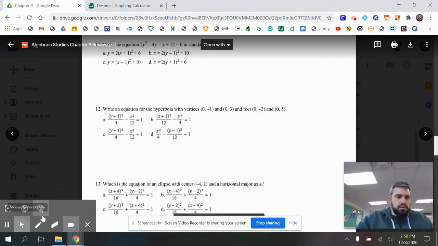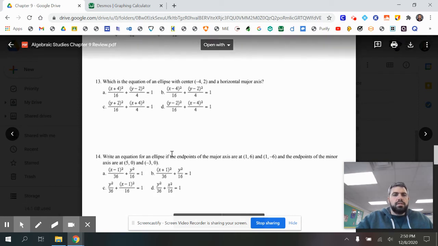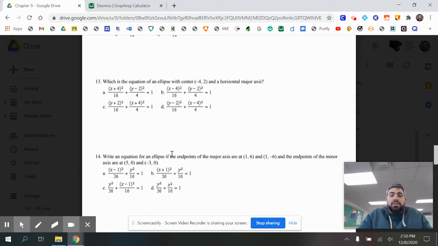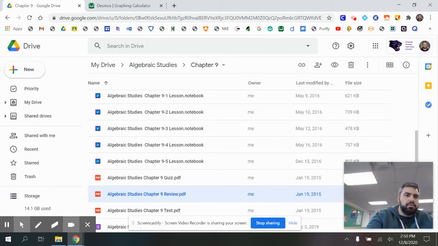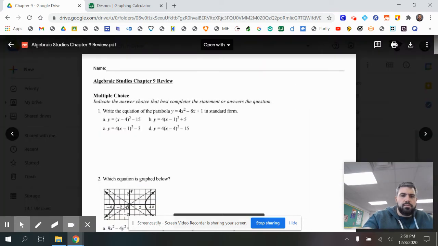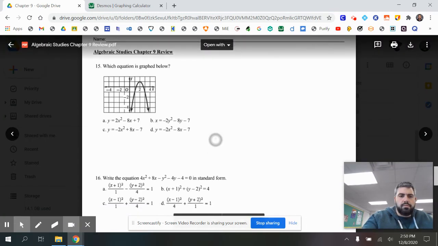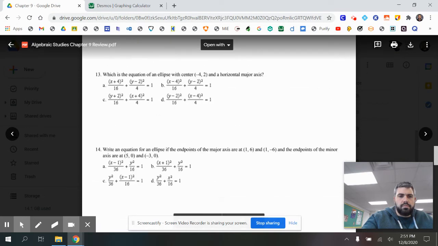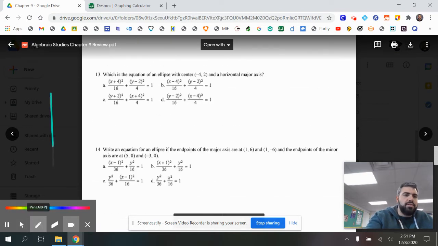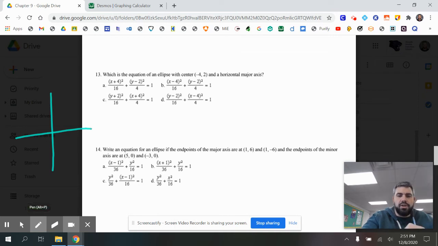Okay, let's look at 13. It says, which is the equation of an ellipse with center -4, 2 and a horizontal major axis? Okay, if we're going to graph that, horizontal major axis means that x is going to come first, right?